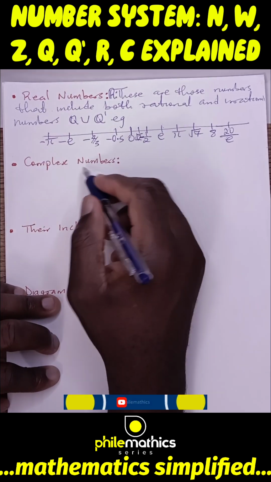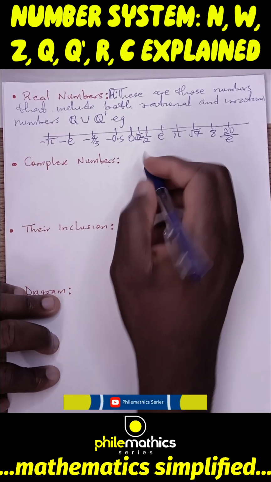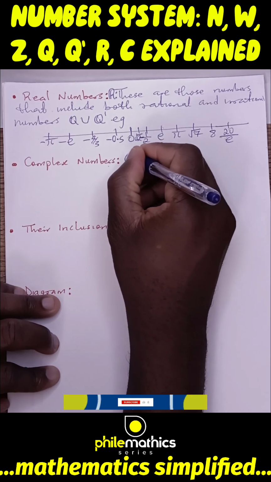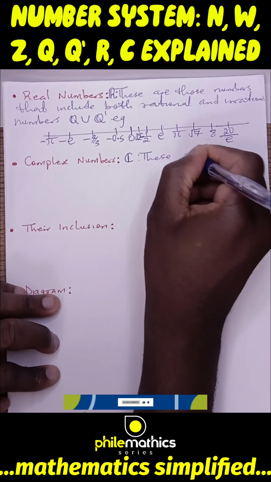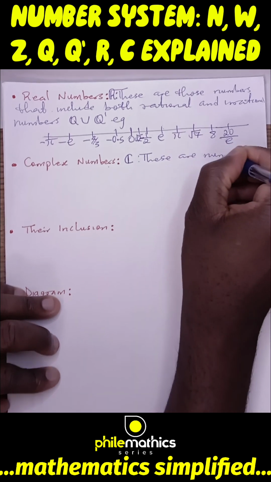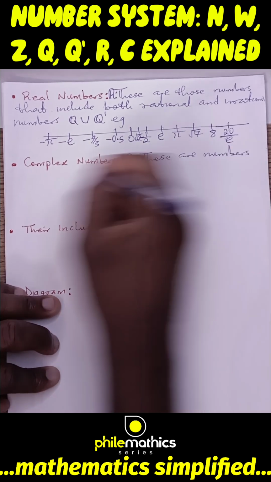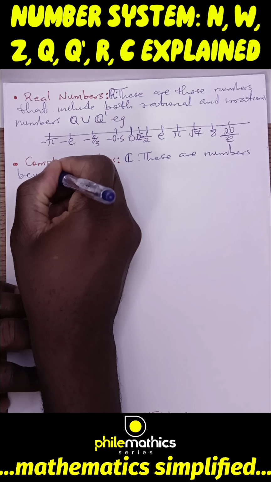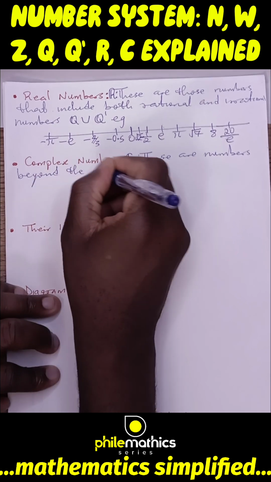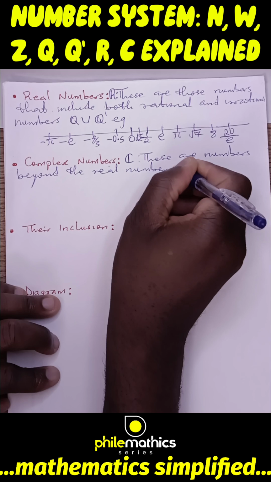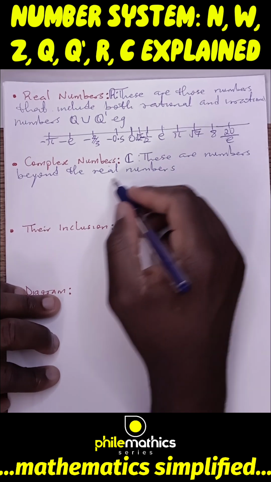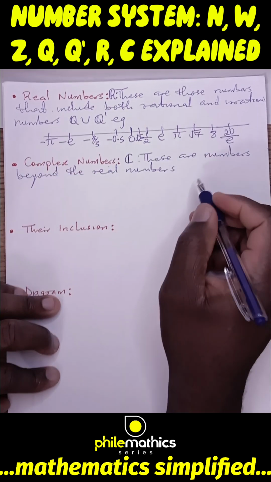The final number system is called the complex numbers. The symbol for this is C with a vertical line. These are numbers beyond the real numbers. They are numbers that are beyond the real number line.